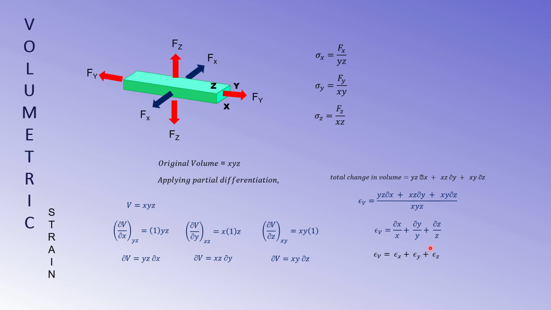Now before we go to the next page, see here, epsilon x. When you write the equation for the strain in the x direction, the direct strain in the x direction, you should be looking at Fx alone.